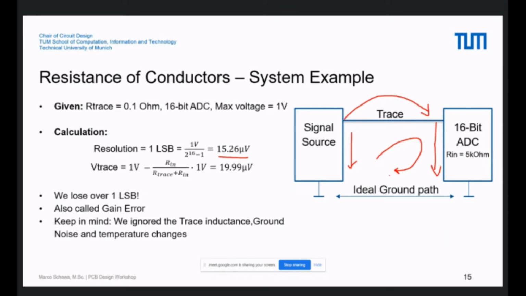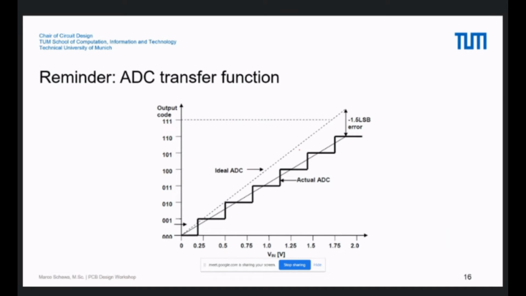I can show you the transfer function on the next slide. But you have to keep in mind, we ignored here the trace inductance and the ground noise and also the temperature change, because these things also decrease the performance of the system. And this is a short reminder of the ADC transfer function. So ideally, the transfer function is here. So you have here normally a step. And if you lose LSB, for example, here minus 1.5 LSB, then you have a gain error.